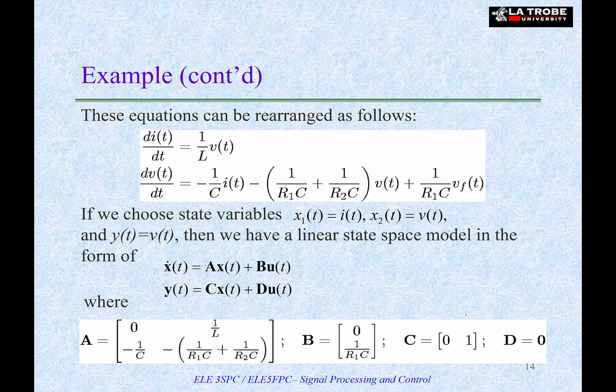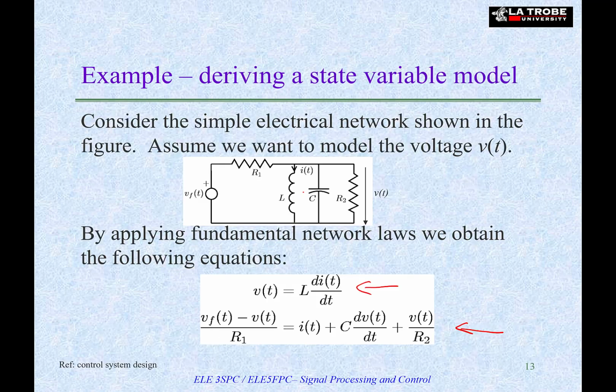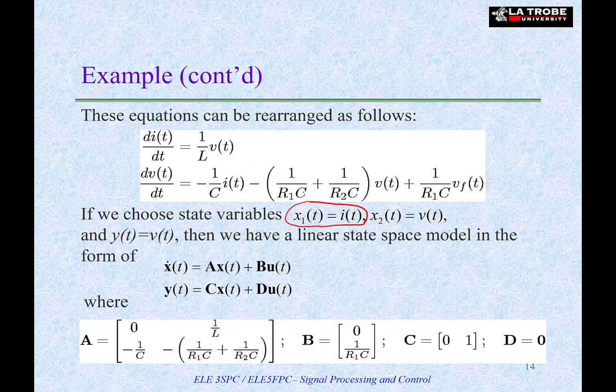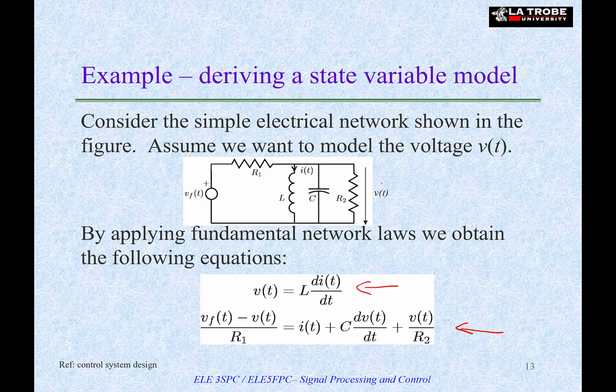Therefore, we need to choose those variables that are representative of the dynamic behavior of the system. In this case, it is meaningful to define x1(t) to be i(t), which is the current flowing through the inductor. We also want to define x2(t) to be the voltage across the resistor R2.